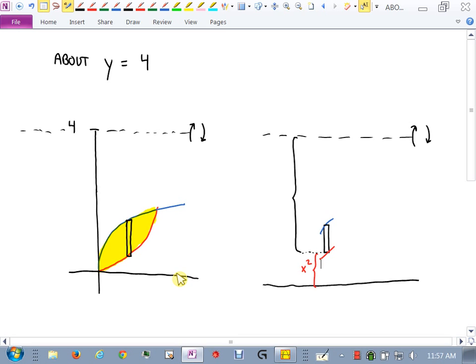So if I take that whole distance and subtract x squared, I get that distance. Now, same thing, trying to find the distance from the axis of rotation to the inner radius: 4 again minus that blue height, so 4 minus the square root of x.